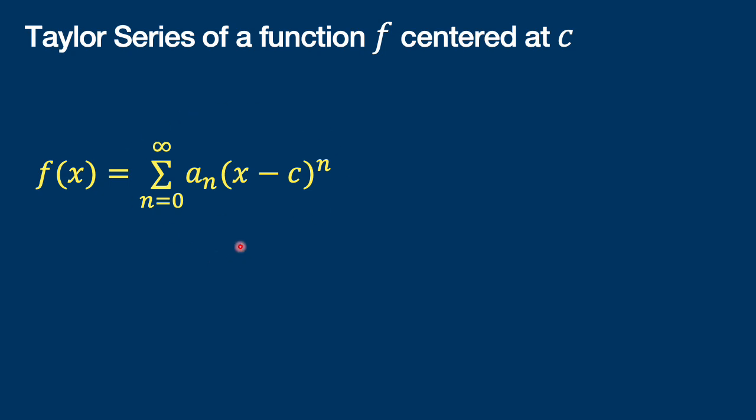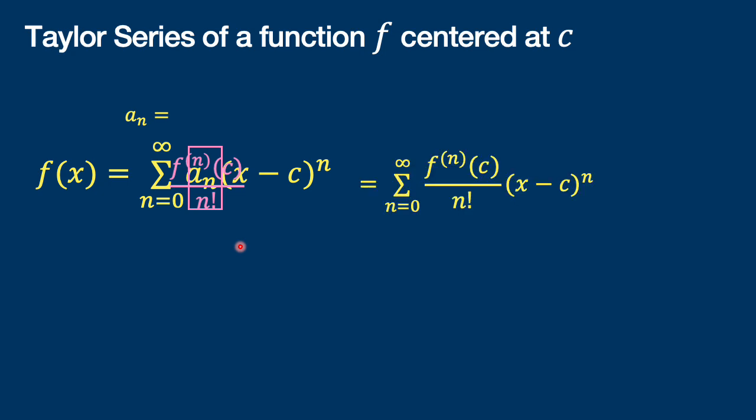We found the coefficient an: an is the nth derivative of f at c over n factorial. So we can replace an by the nth derivative of f at c over n factorial. Now, that's what we have.